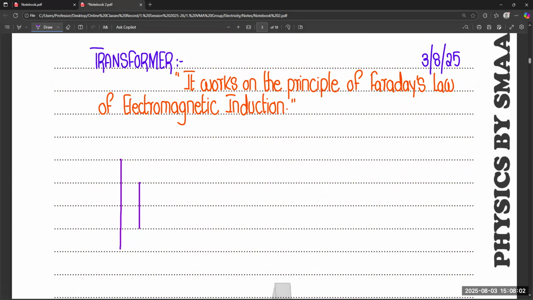This is the right side. So this is actually the frame of the transformer, or we call it the armature, on which we are going to place the wires.